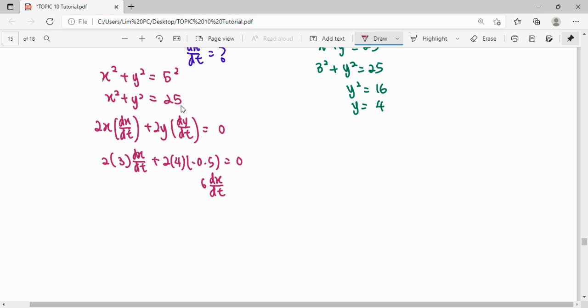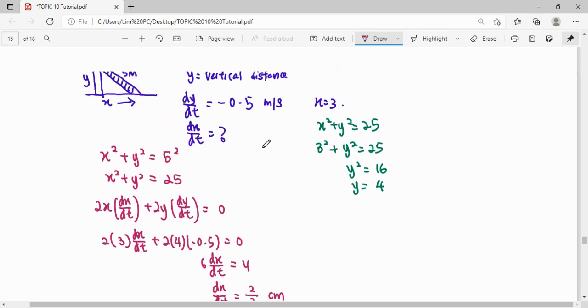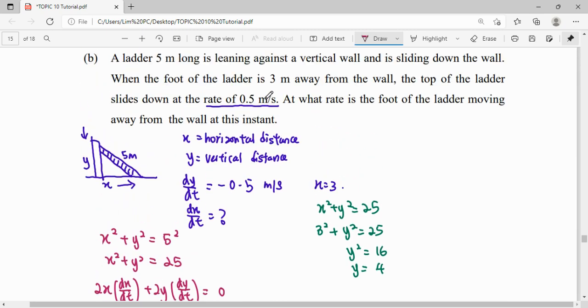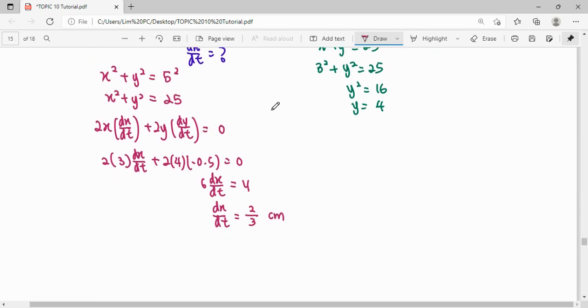So move this to the right hand side, it will equal 4. So dx/dt will equal 4 over 6, which is 2 over 3. The unit: length is meter, time is second. So meter per second.